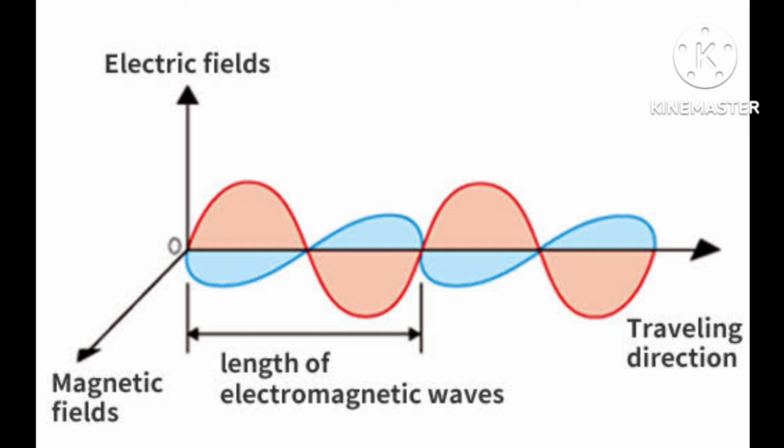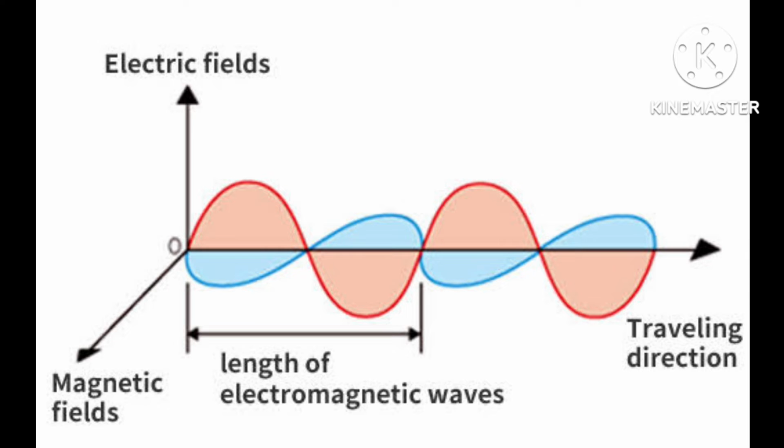Now the second point: unlike sound waves or water waves, electromagnetic waves do not require a medium and can move in vacuum. This is the second property.